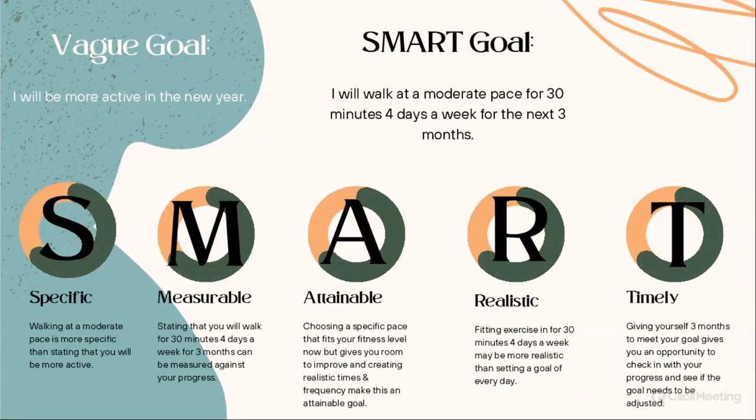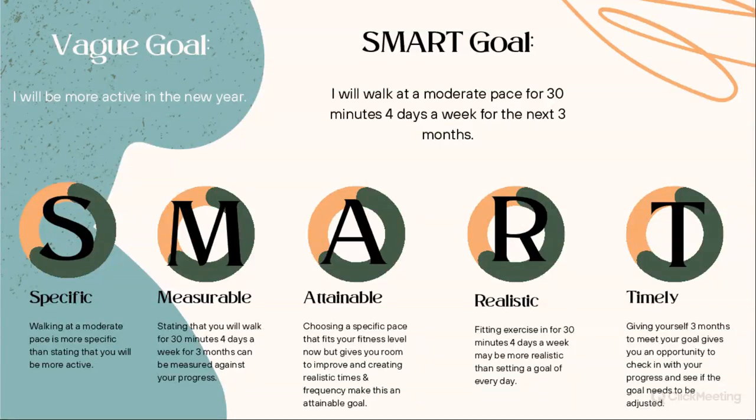And then the timely is giving yourself 3 months to reassess. So after 3 months, how is your goal working? Does it seem like you want to keep going at this rate and pace? Or does it seem like it's a good time to maybe add another day or add more minutes? And this is where you would adjust your goal as needed.